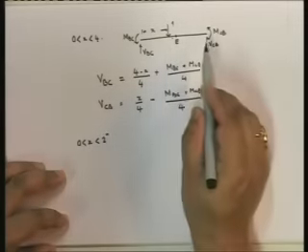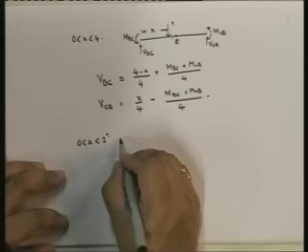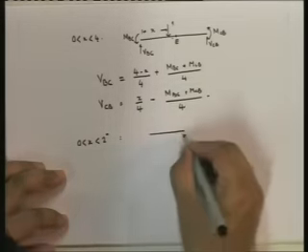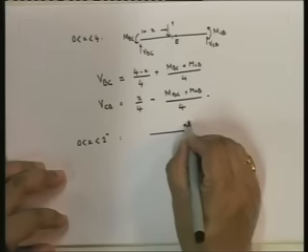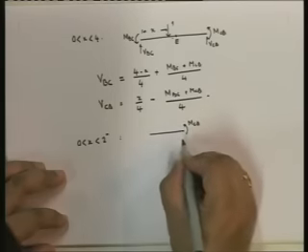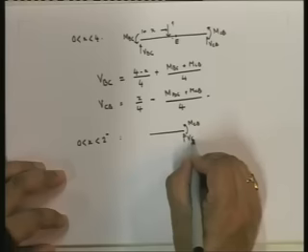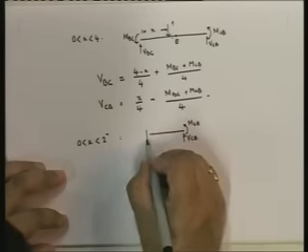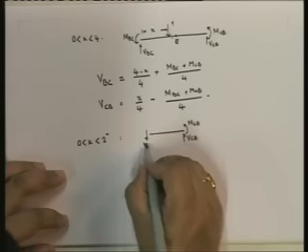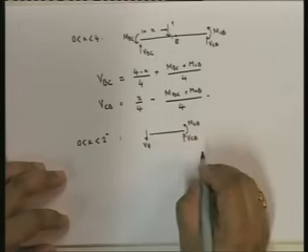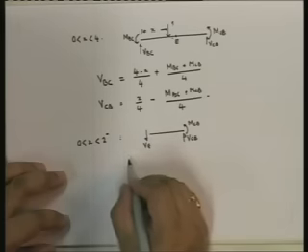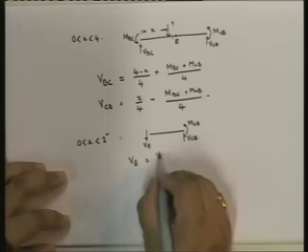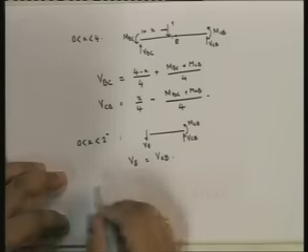That means the shear force, by definition, if we make this cut, we'll have this, we'll have this, and this is VE. So VE is going to be equal to VCB.